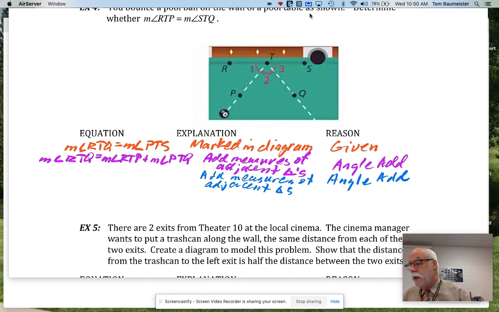And on that one there, what do we have? We have that the measure of angle PTS is equal to the measure of angle PTQ, so that was this one here, plus the measure of angle STQ.